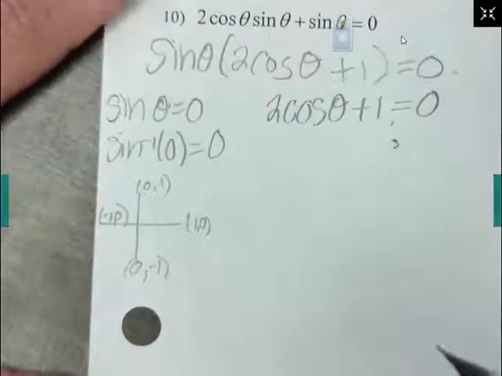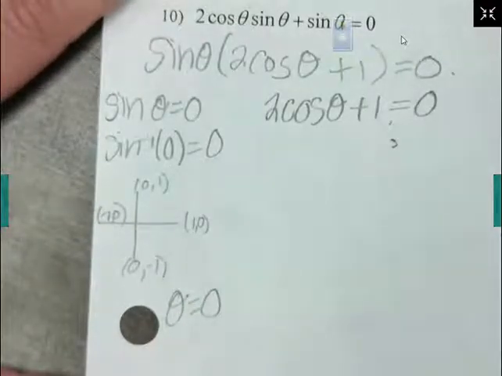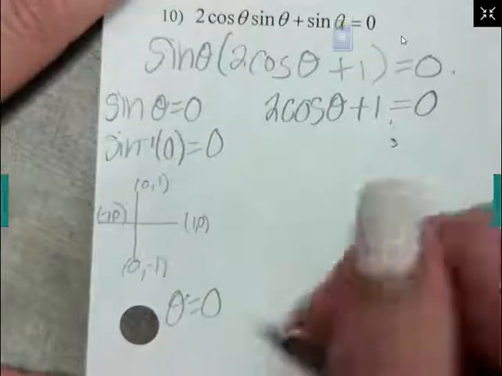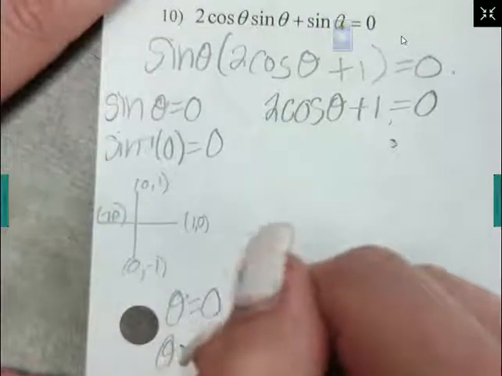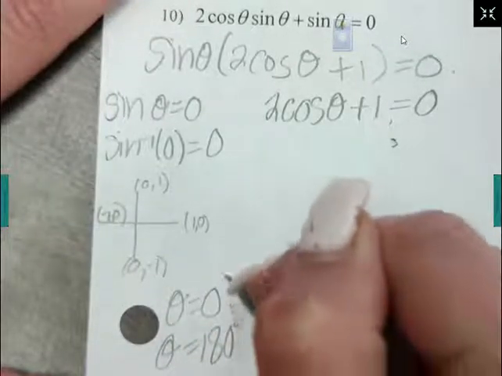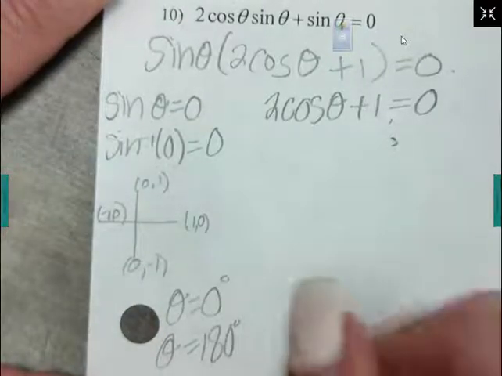Where is sine 0? At 0, and where else? It's 0 here, and how many degrees is this? 180. So theta can also be 180. What else can theta be? One more thing. 360.